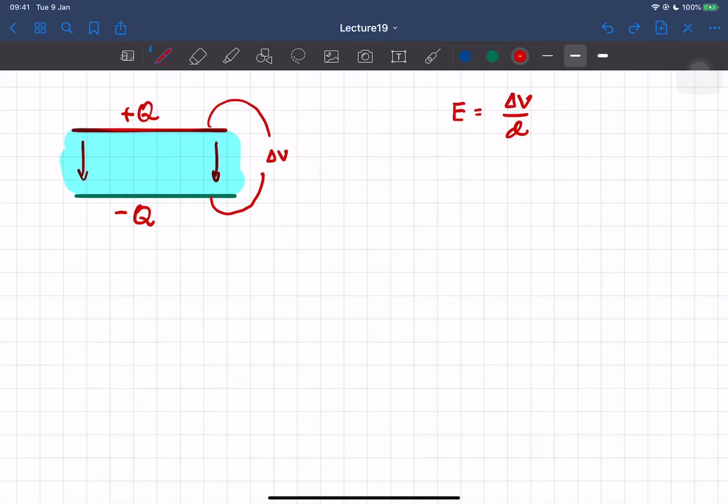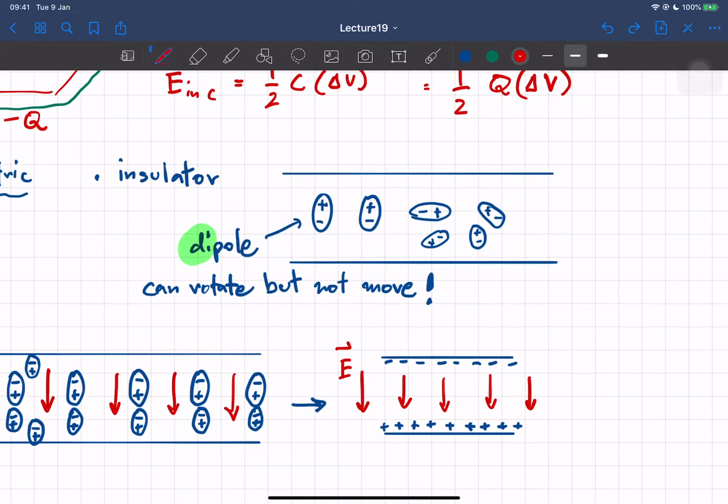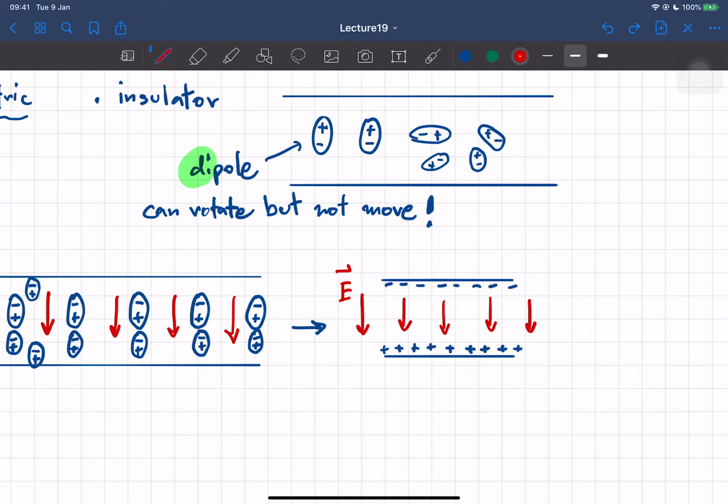All right, so we have this electric field, which is there even before we put in the dielectric. So I would say this is the electric field from the plate, from this pair of charge plus Q and minus Q. And going back a moment, when you have an electric field, you develop charge at the edge of the dielectric like this.